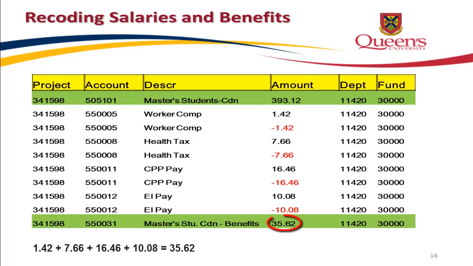In this case, $35.62 in fringe benefit expenses is reallocated from the individual benefit accounts to account 550031, Master's Student Canadian Benefits. You'll notice the net impact to the project is nil, as these expenses are being recoded within the project, simply using different accounts.